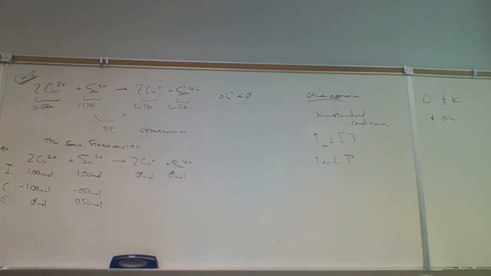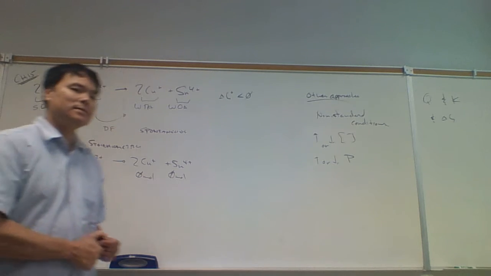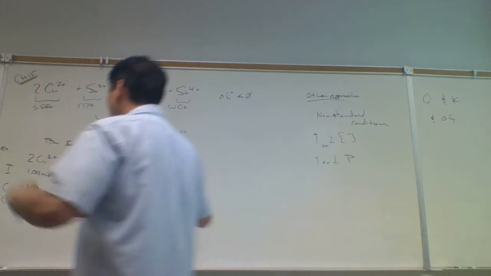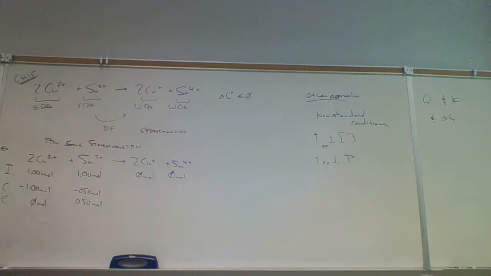Sometimes this is hard to see, but actually it's very easy to see because the way I visualize this is like this. And the way I visualize it is by looking at like tin here. Tin, we call this minus Y here. If tin is minus Y, then copper is minus 2Y.